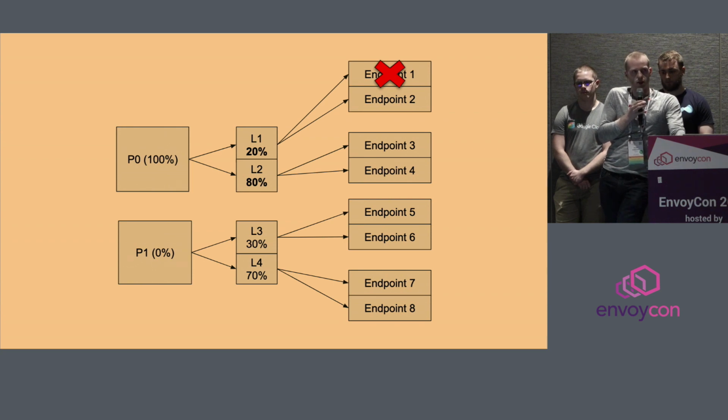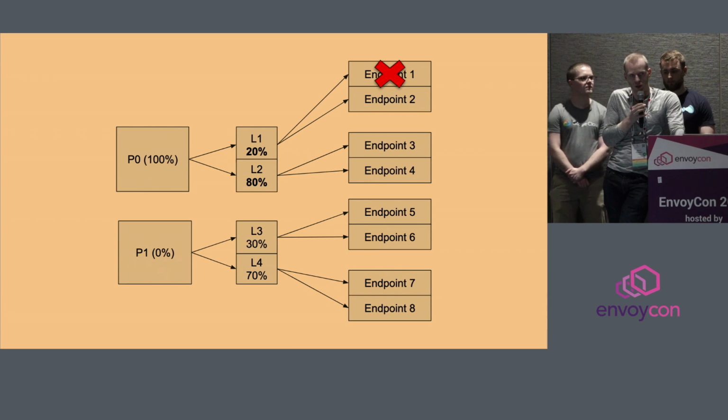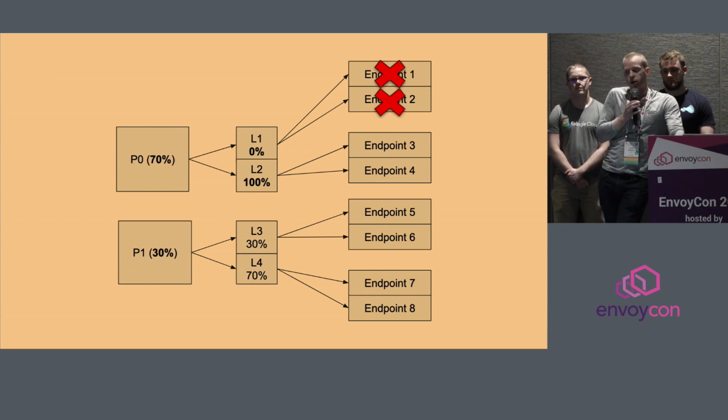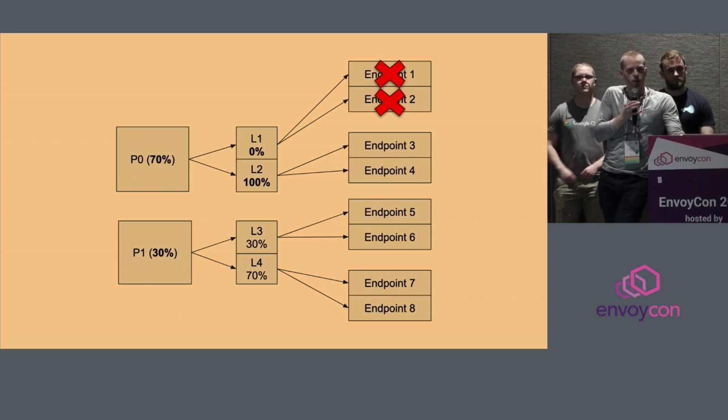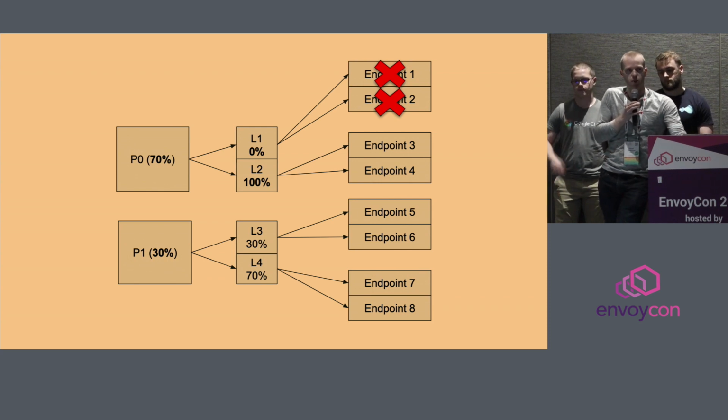P0, however, is still at 100%, because P0 is 25% unavailable, which is not enough to trigger spillover. You take another endpoint away, and now P0 drops down to 70%, and 30% of traffic spills over to P1. This is essentially what happens when you get region failover with these setups, where the closest region is no longer sufficiently available to handle all the traffic, so traffic is now being sent elsewhere.